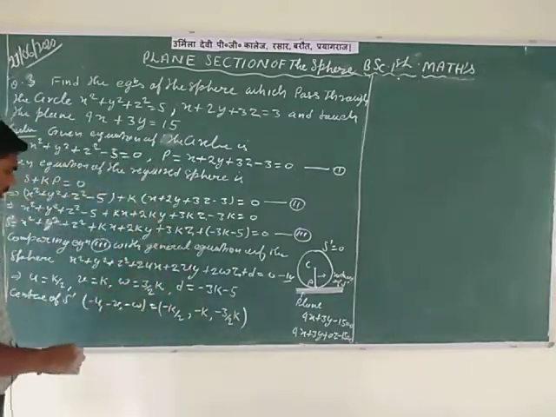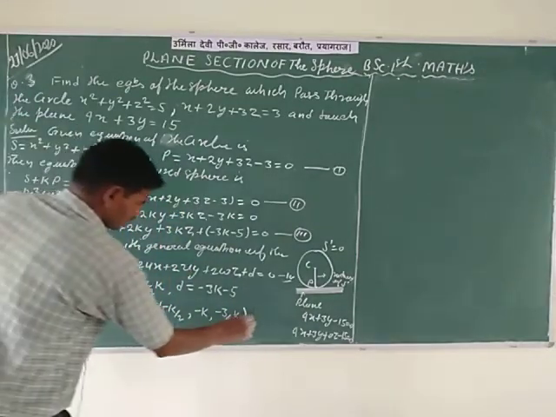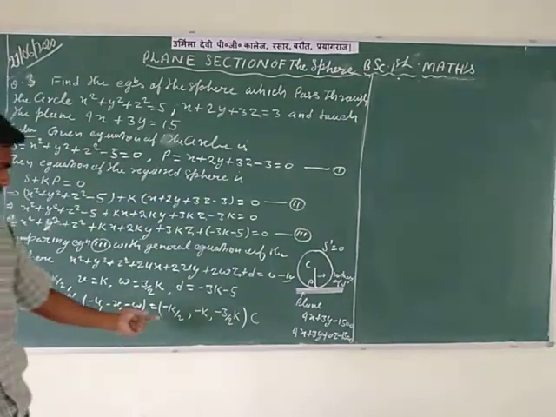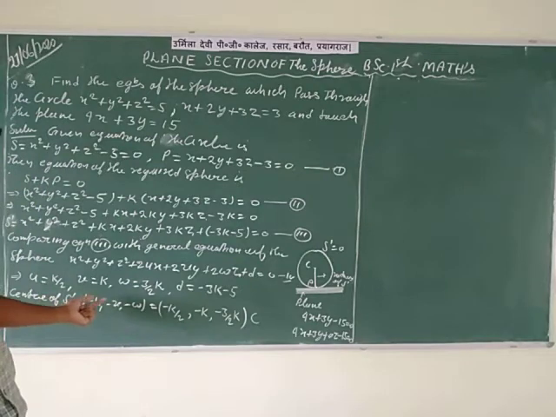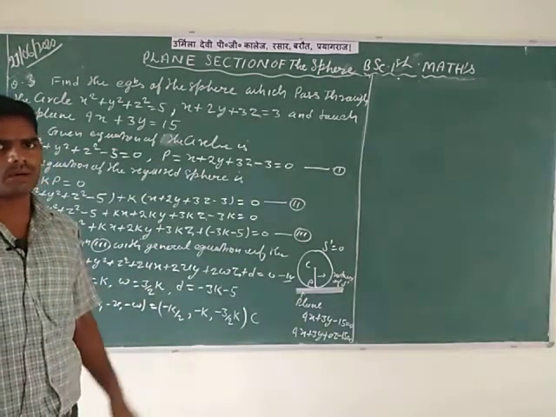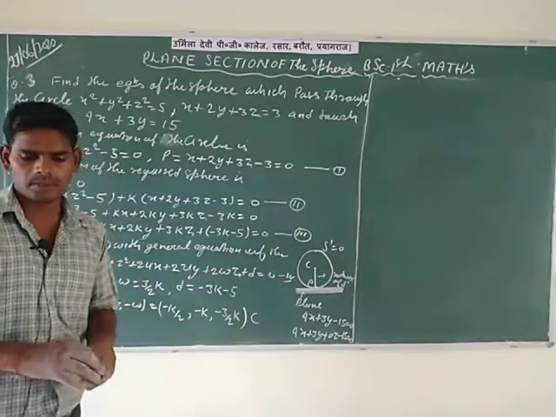The coordinate of the center, suppose that is capital C, is (-k/2, -k, -3/2 k), the center coordinate of the sphere S dash.